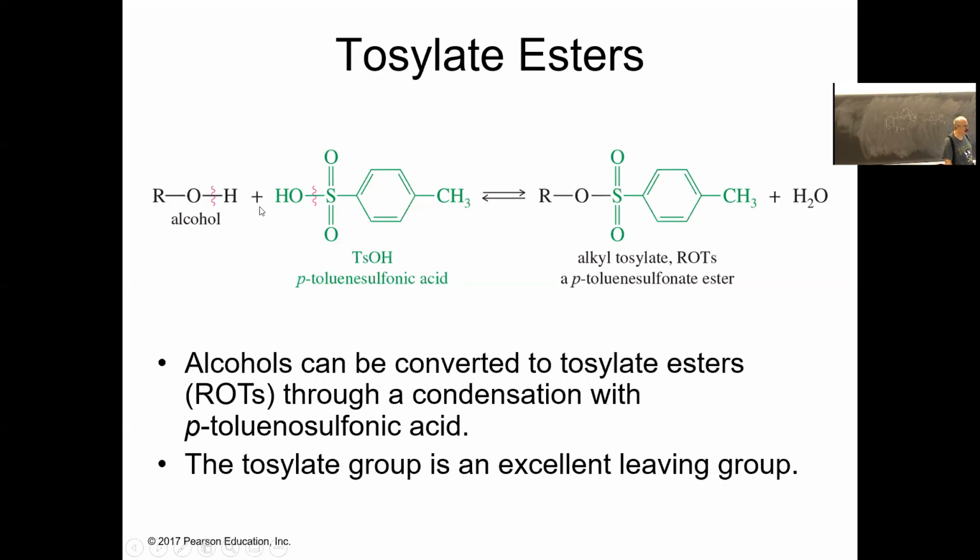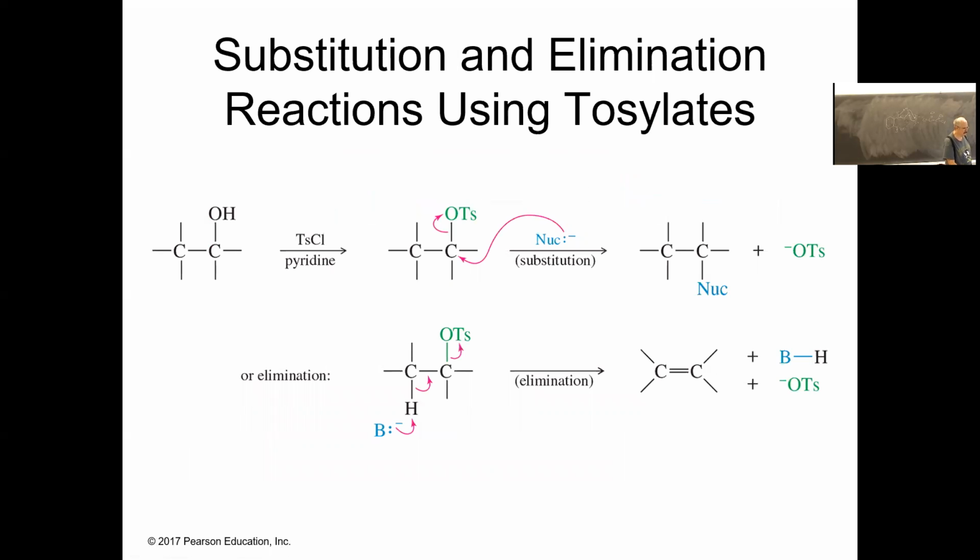And if we split out water, we make what is called a tosylate ester. This is abbreviated as ROTs. And it turns out the tosylate is an excellent leaving group. We can do both substitution, SN2, and elimination reactions readily with tosylate esters.